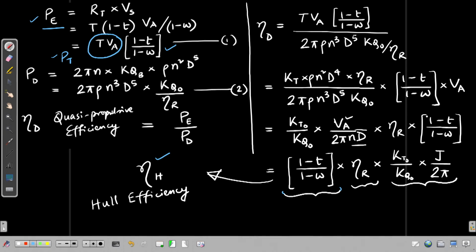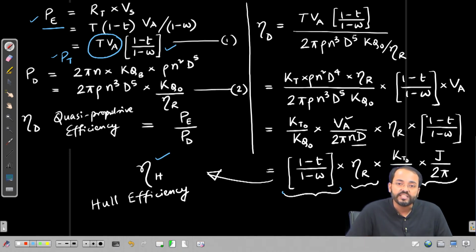So, this hull efficiency value depends on the value of thrust deduction and wake fraction. Later we will see that for single screw and twin screw ships, the value of hull efficiency is typically very much different, because for single screw ships the wake fraction is very high. So, because of that we have a higher hull efficiency.